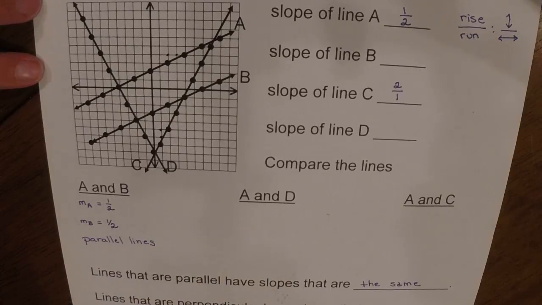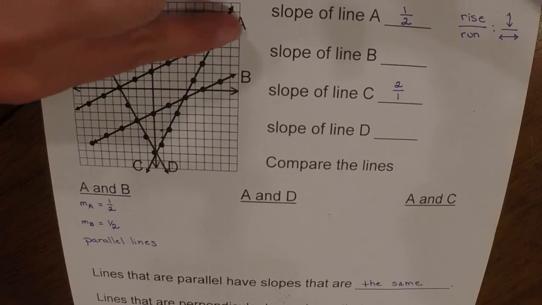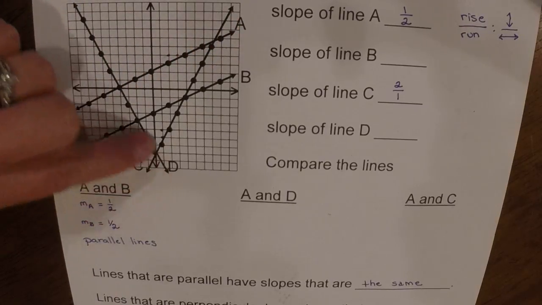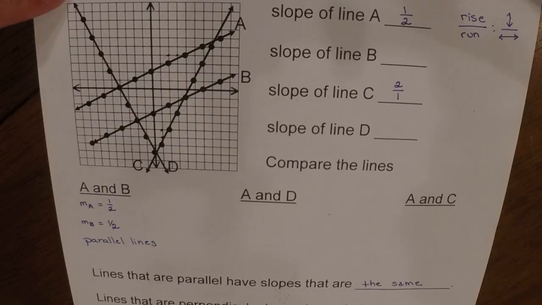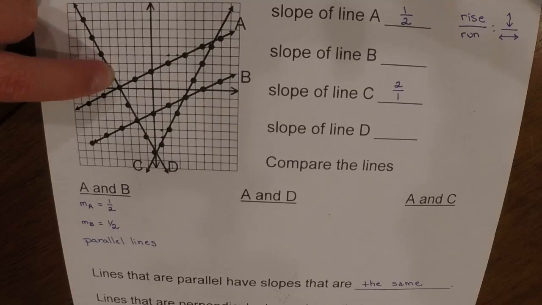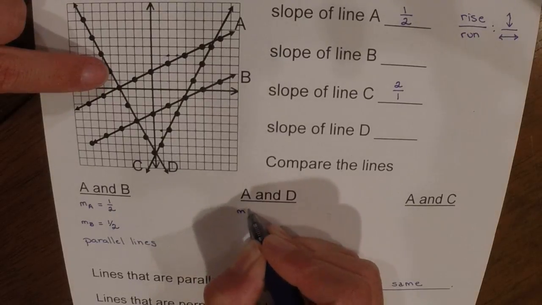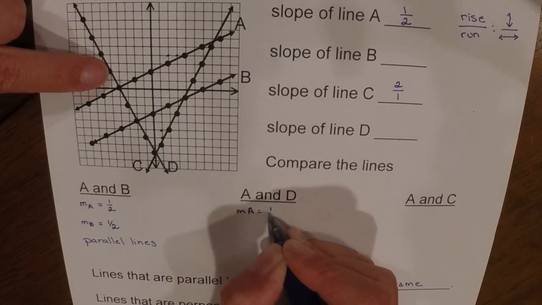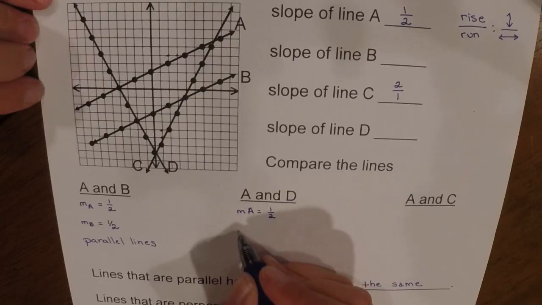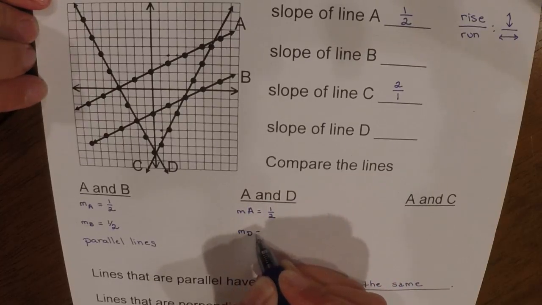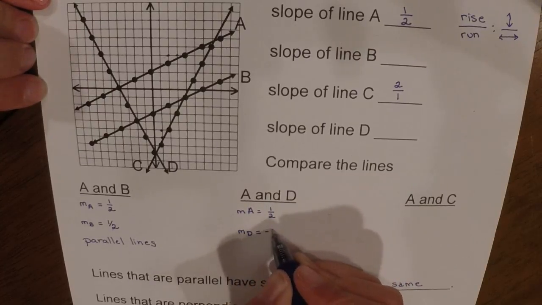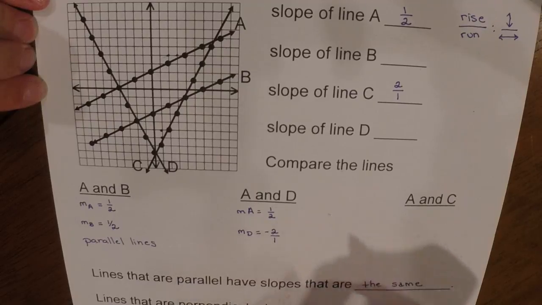So now let's look at A and D. Here's A, here's D. This is the one that we said we weren't sure if this was 90 degrees or not, but let's compare the slopes. So the slope of A is still 1/2. The slope of D, if you found it correctly, should have been -2 over 1.